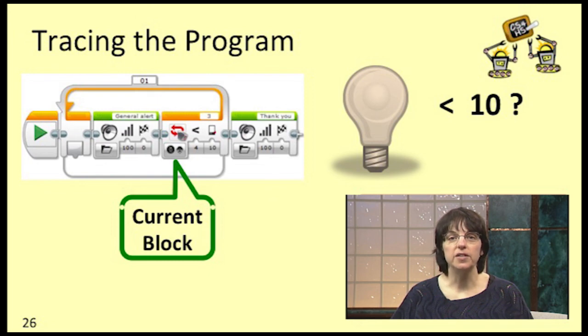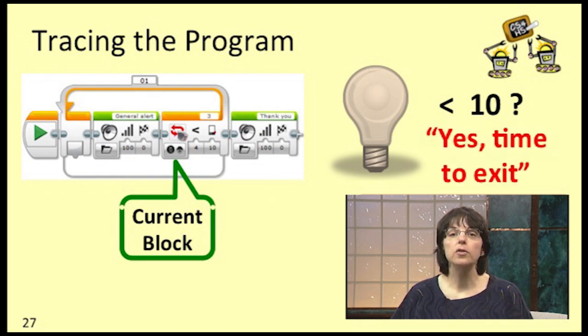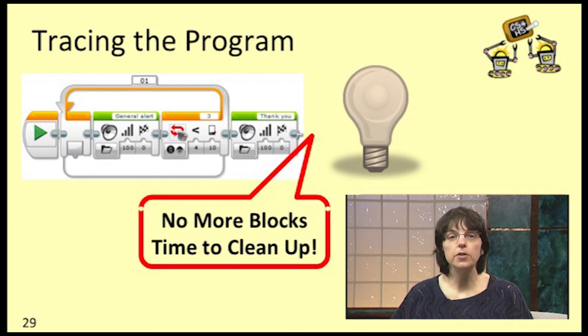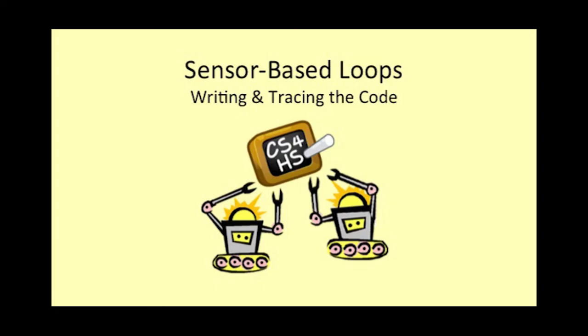Now when the loop checks the light sensor, the value is less than 10. So the loop says, time to exit, and the EV3 says, thank you. And since there are no more blocks, the EV3 cleans up. That is, it turns off the motors and the speaker and resets the screen.